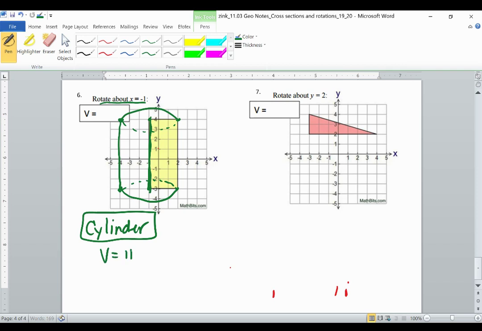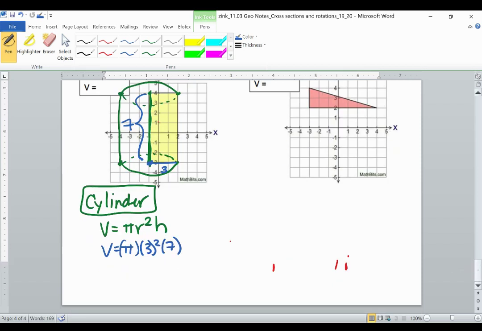So the volume of a cylinder is pi r squared h. So to find our radius here, our axis is right in the middle. So it's 3 boxes is our radius. We count up along the height of the rectangle, which will give us the height of our cylinder, which is 7 boxes there. Now we substitute in. We've got pi times our radius 3 squared times our height, which is 7.